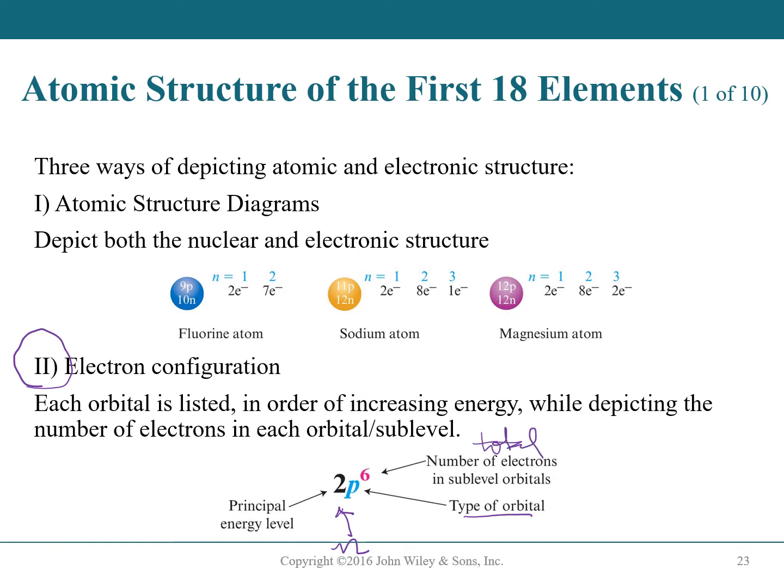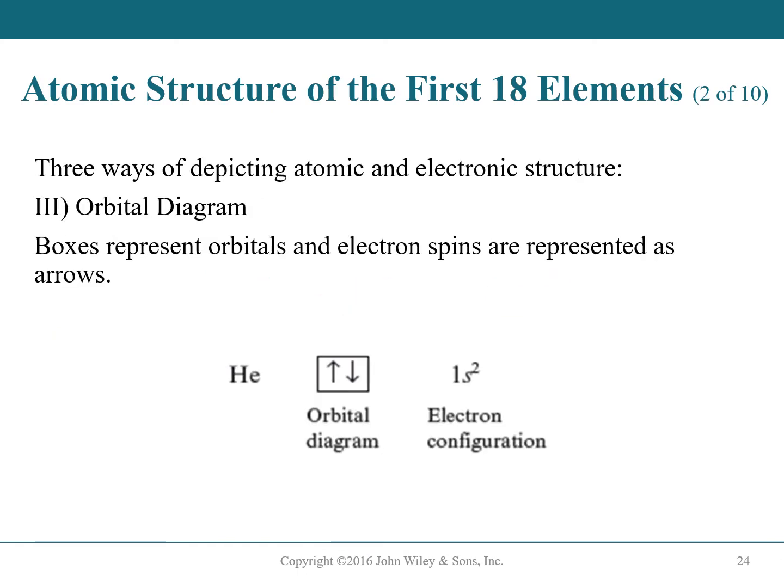So this p orbital has 6 electrons total in it. It's maxed out. It's not px, py, pz individually, but the total. Then we'll spend some time with the orbital diagram. Electron configuration is the biggest one. The orbital diagram shows you how we orient your electrons.